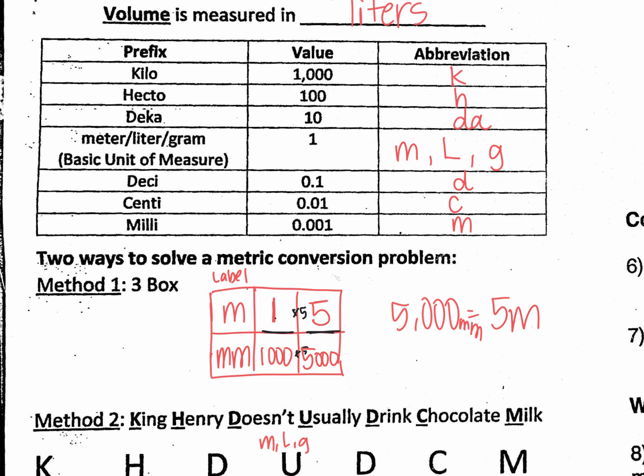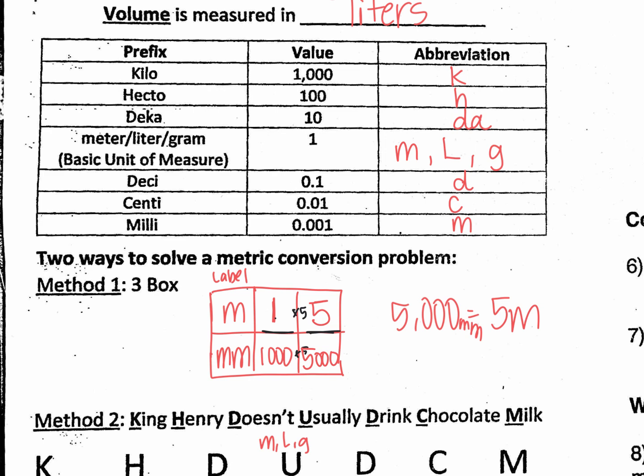If we have a problem that looks like this, 1,200 centimeters is equal to blank kilometers. Okay, I want to figure out how many kilometers are equivalent to 1,200 centimeters. So what I'm going to do is find my prefix that matches this one here.